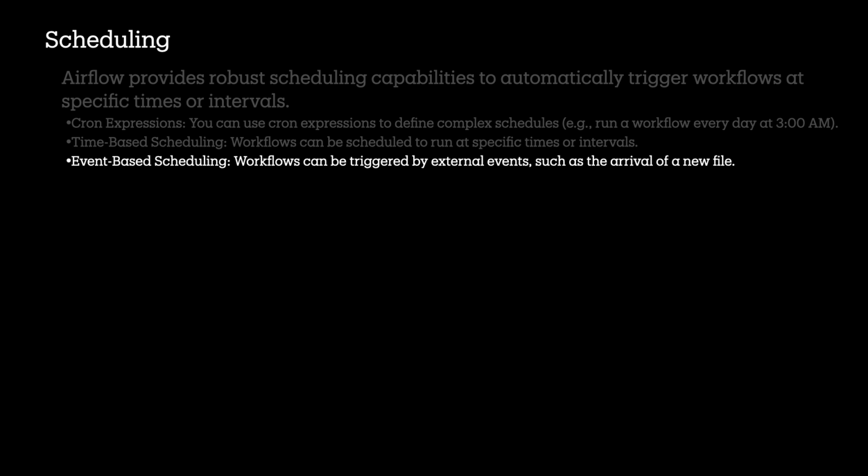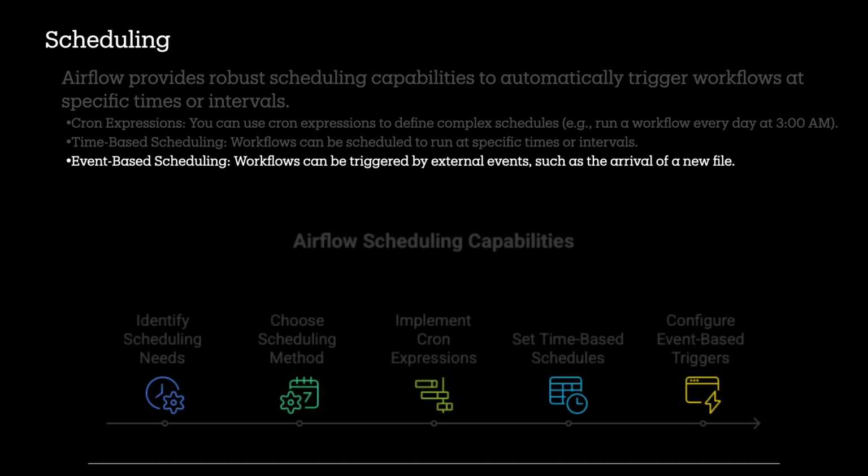So these are three types of scheduling. Before scheduling, we have to identify scheduling needs and choose scheduling method, as we have three: implement a cron expression, or set time-based schedule of workflow, or configure event-based triggers. This is all about schedule.